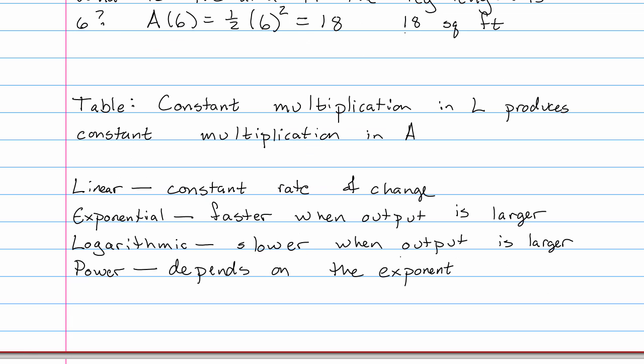But it always sits somewhere between the exponential and the logarithmic. So if it's growing faster when the output is larger, it's growing slower than an exponential would. If it's growing slower when the output is larger, it's growing faster than a logarithm would.